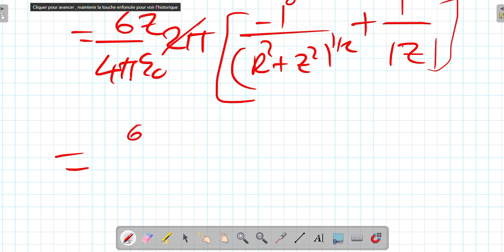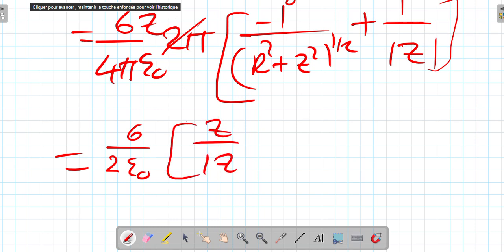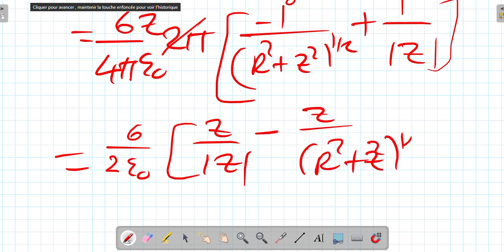So you're going to have sigma over 2 epsilon 0 multiplied by z over the absolute value of z, minus, we put the absolute value of z because it was z squared, so it's negative z over the square root of r squared plus z squared. This is for a disk.